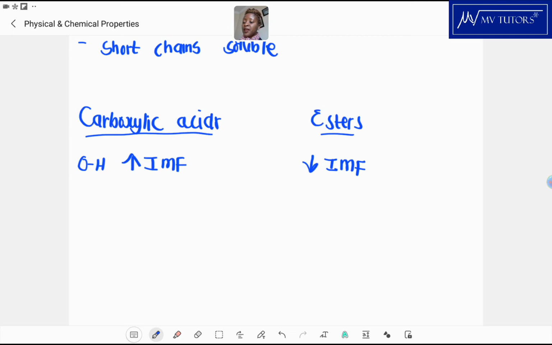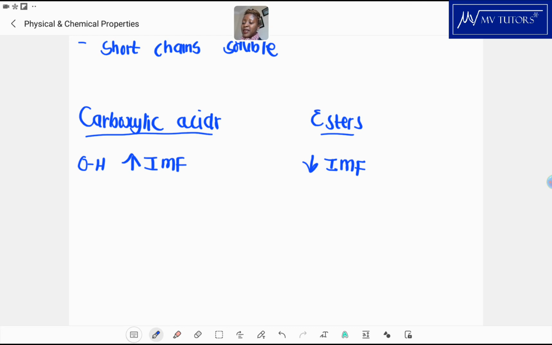Both of them are saturated. Like I said, the only unsaturated ones of the whole functional groups we've discussed are alkenes and alkynes.